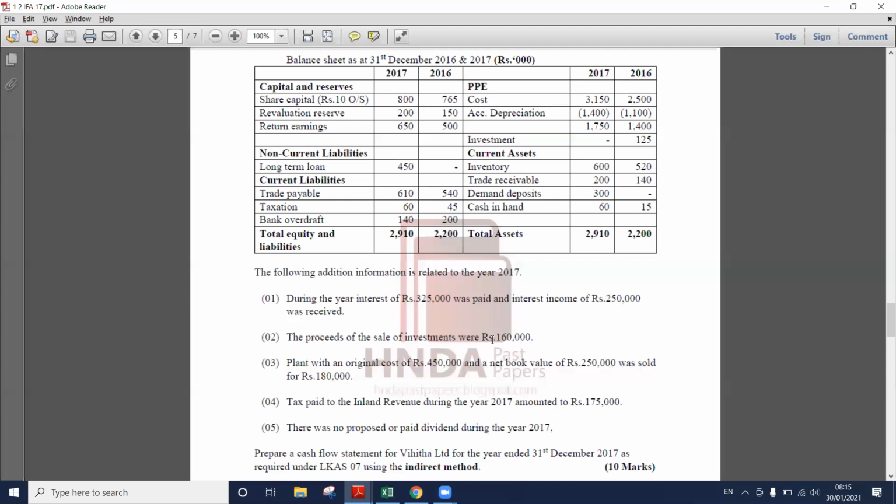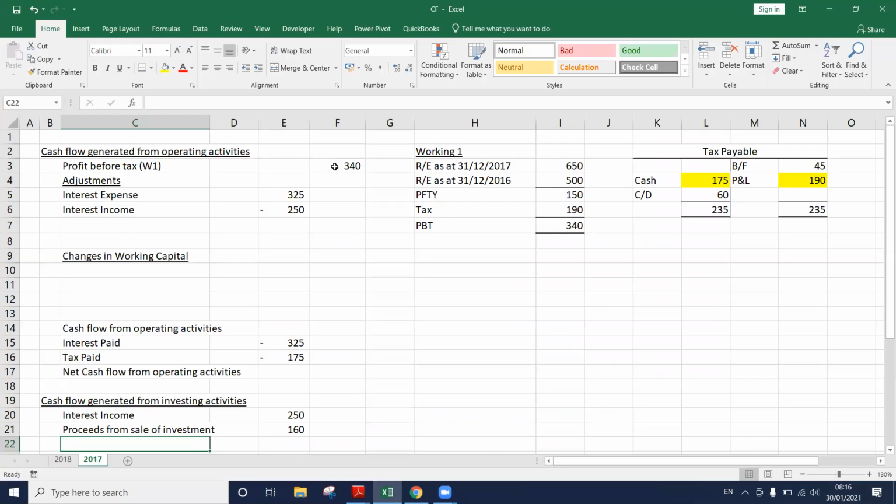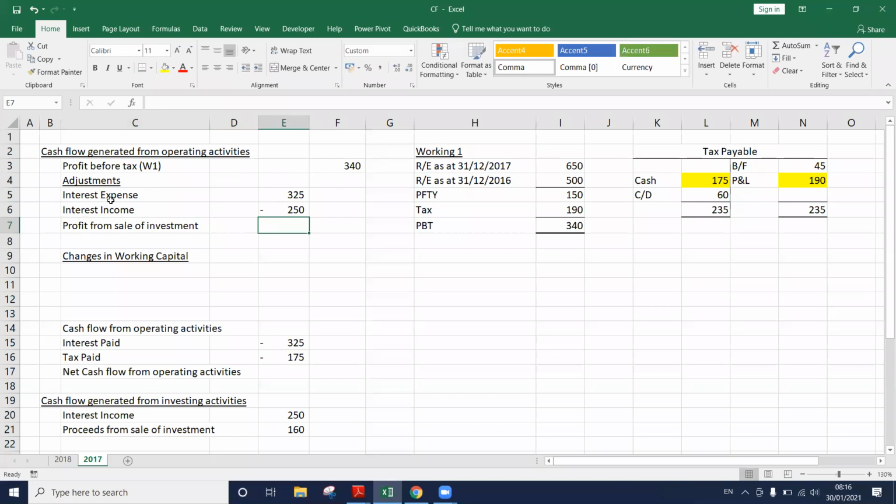Something bought for 125 is sold for 160, so we have a profit of 35. That profit is included in this figure. Right? That is a non-cash item, therefore we need to adjust. Profit from sale of investment, 35, has already been added to this figure. Therefore, in order to remove it, we need to deduct 35. That is point number 2.